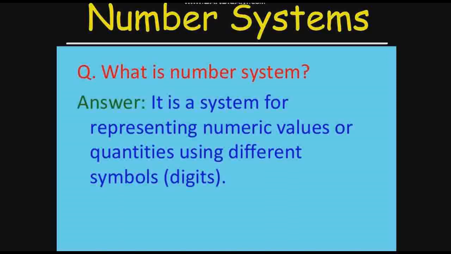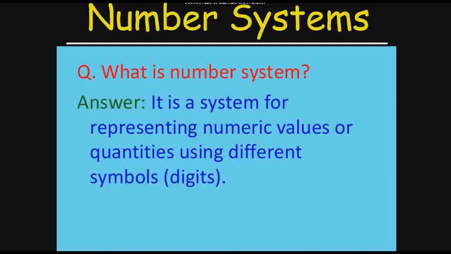It is a system for representing a numeric value or quantity using different symbols or digits. It means that in a computer, when numbers are used for counting something or for calculations, the different types of numbers that computers use, we will understand here, and this is also known as a number system.